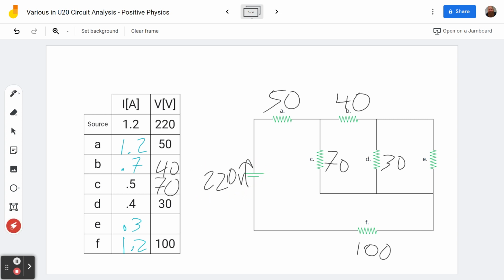Our final path here that we've got is 50, 40, something, and 100. So 50 plus 40 is 90, plus 100 is 190. We need to get to 220. That means E here must be 30 volts.